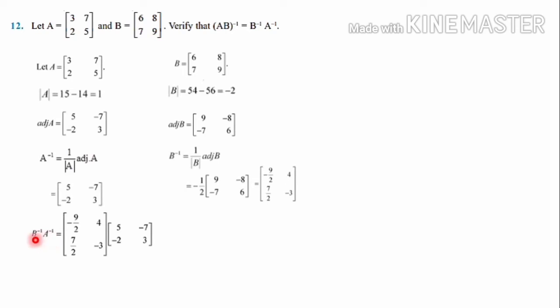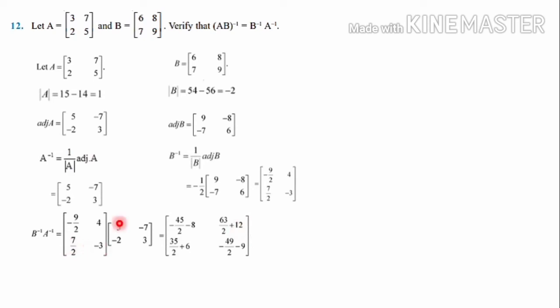Then B inverse A inverse we have to calculate. For multiplication we have substituted B inverse and A inverse. Then just multiply row and column, that is 9 into 5, 45 by 2, then 4 into -2, that is -8. Next is first row with the second column, that is -9 into -7, that is 63 by 2, then 4 into 3, that is 12.